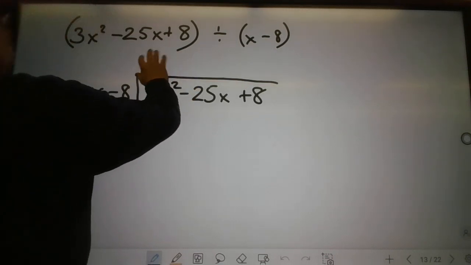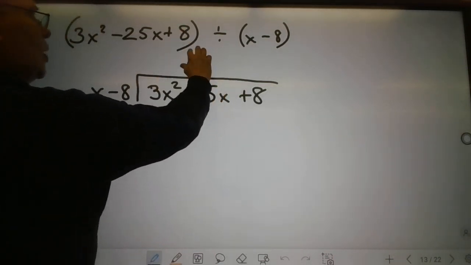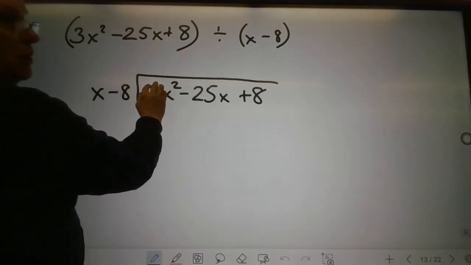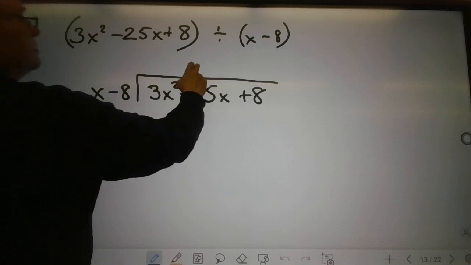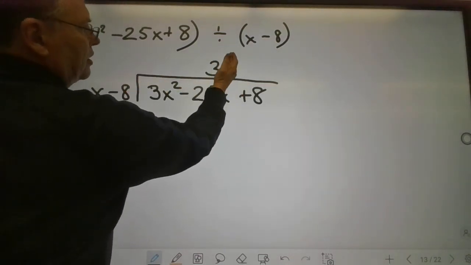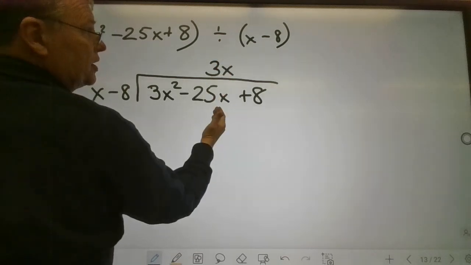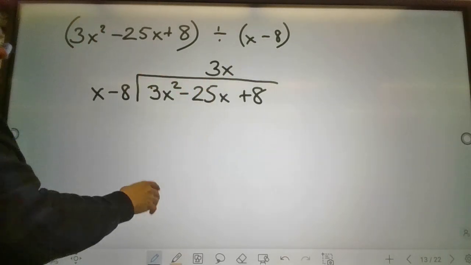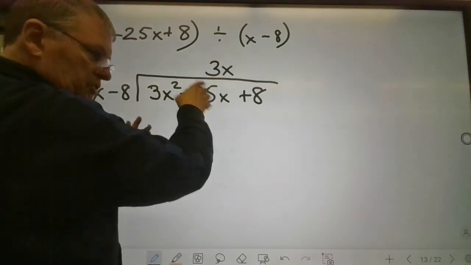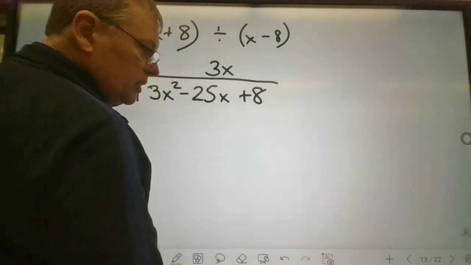So when we're doing the math like this, you're thinking, what times x is going to get me to a 3x squared? Well, a 3x. And I'm purposely writing it over here because the x and the x will be right there. It's the same reason why when you do the long division in 3rd grade with the numbers, you line up the numbers in the answer with a certain number down in the dividend.